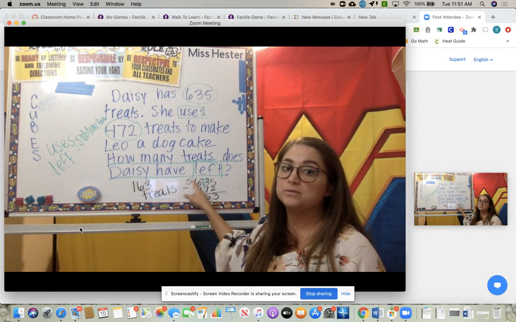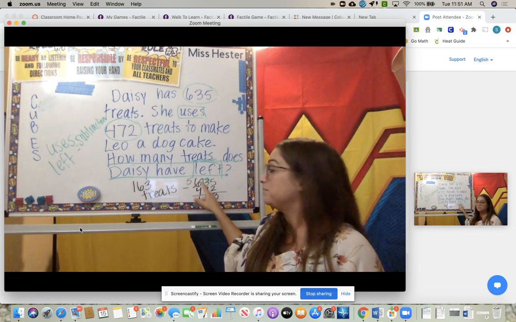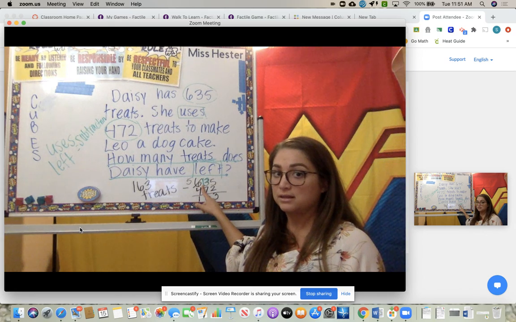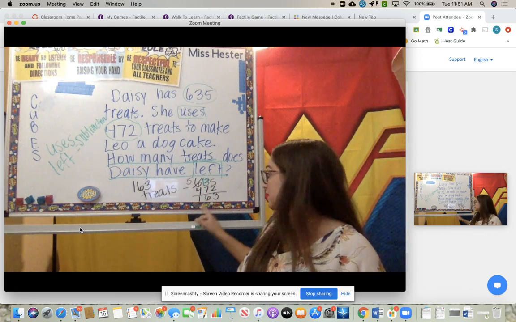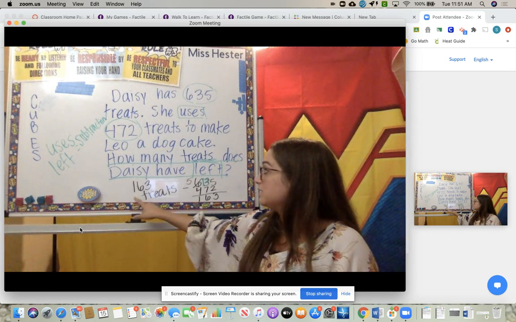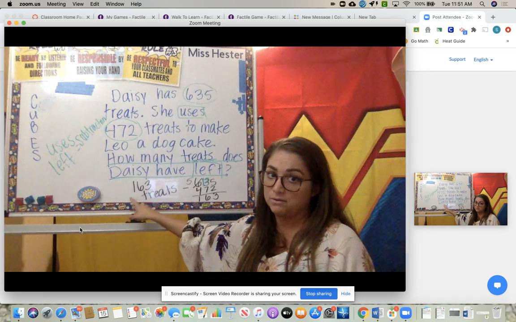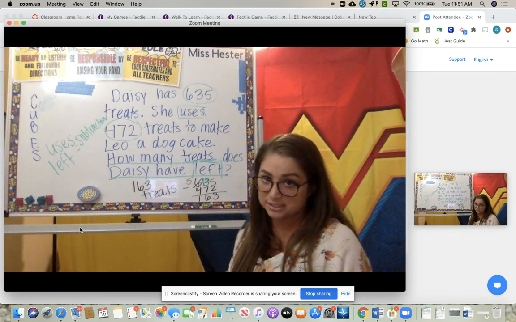So our 6 turns into a 5, and we place that 1 in front of the 3. So 13 subtract 7 is 6, and then 5 subtract 4 is 1. So now we solved it, and now we have to label it. So 163 treats.